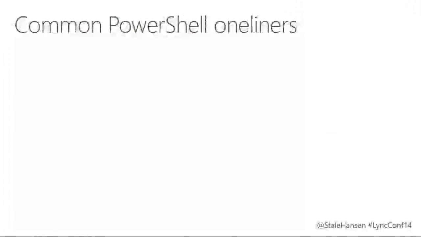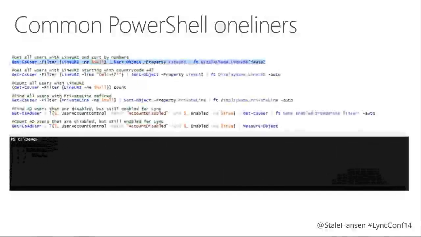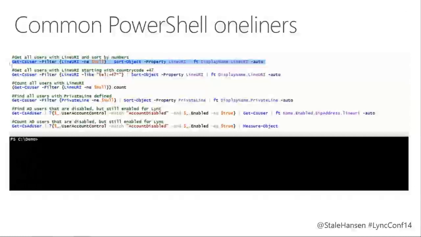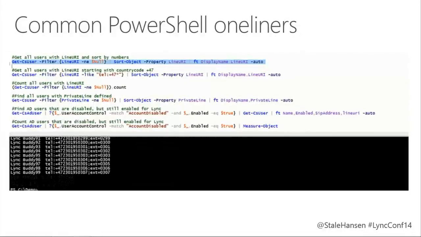And maybe some of you already know this, but of course you can use Get-CsUser and filter on users that have a line URI, and you can sort by the line URI, so you get the output in an orderly fashion, sorted on the line URI, and you display this out in the command line.